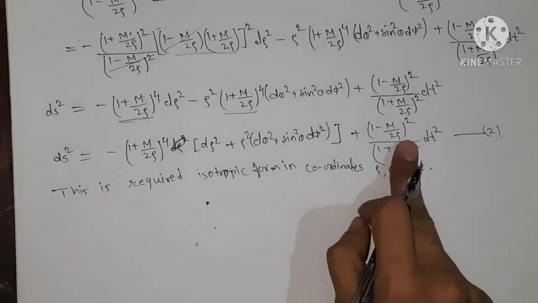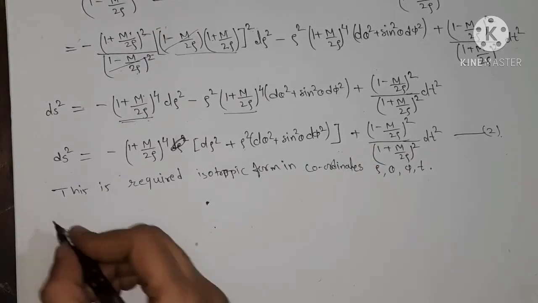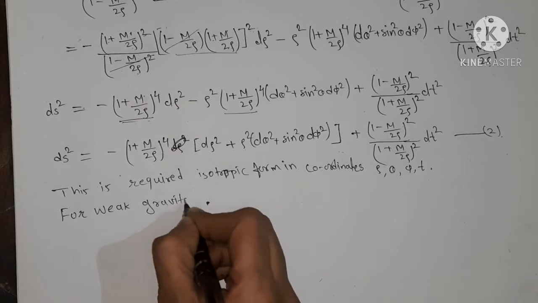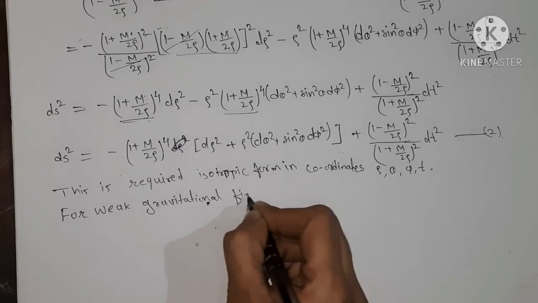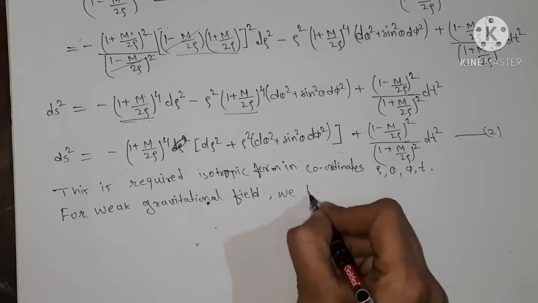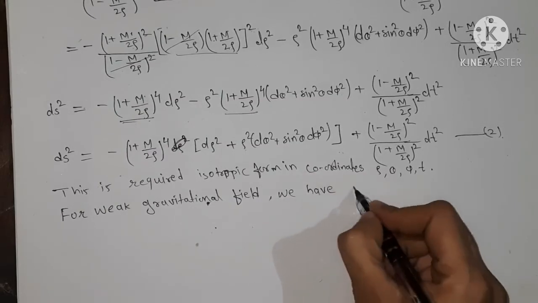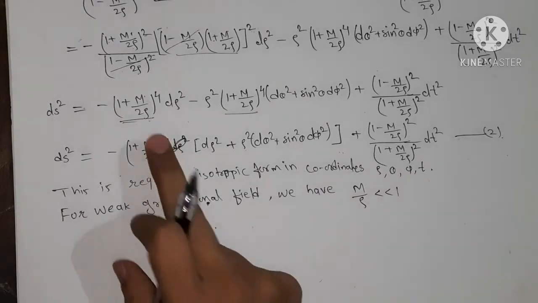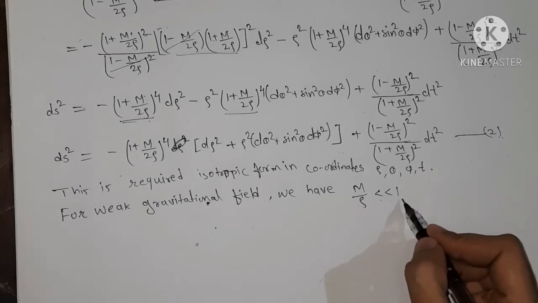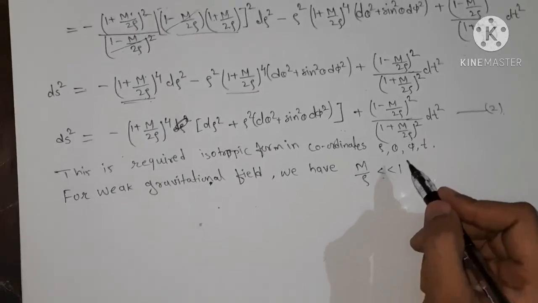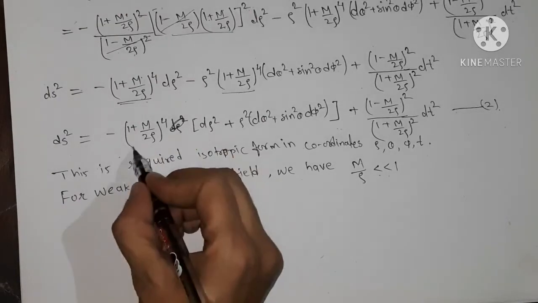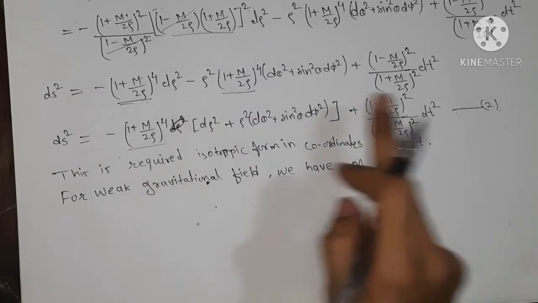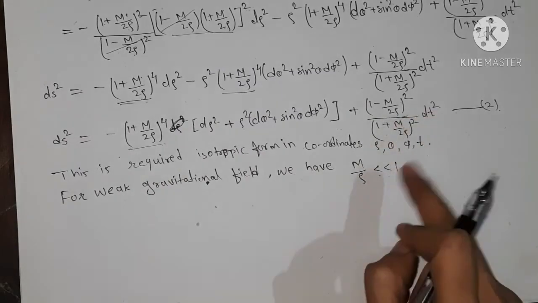Now we discuss this form for the weak gravitational field. For the weak gravitational field we have m/ρ very much smaller than 1, and then we expand g11 and g44 up to the first order of m/ρ.